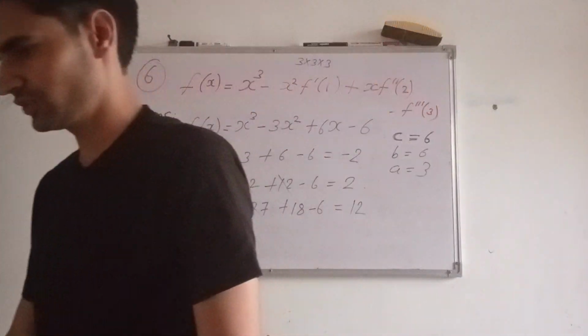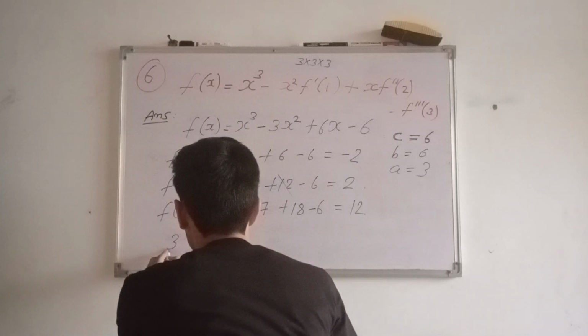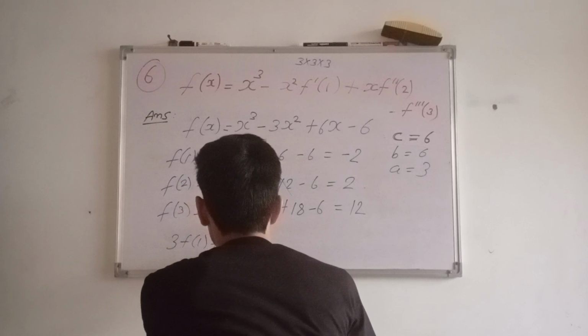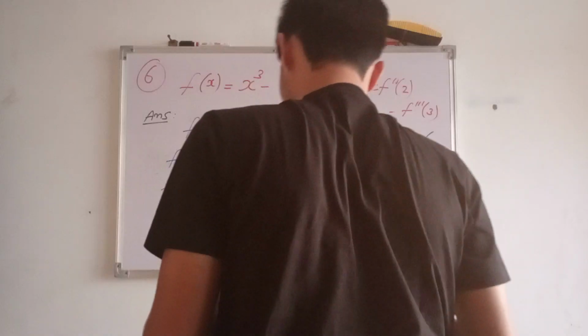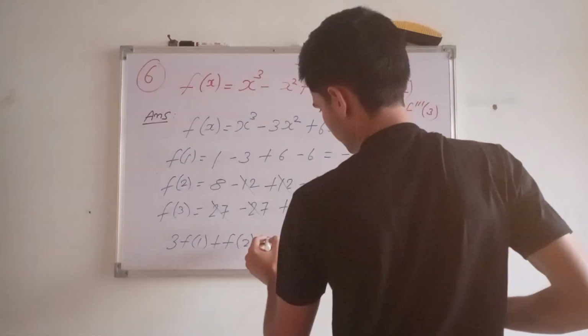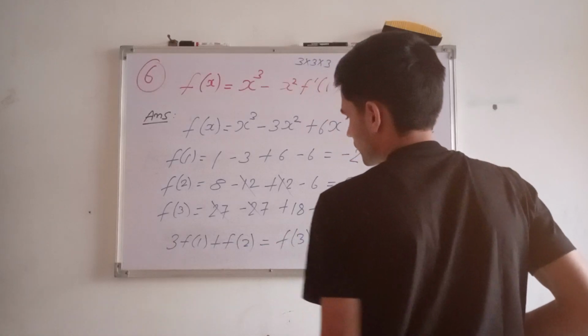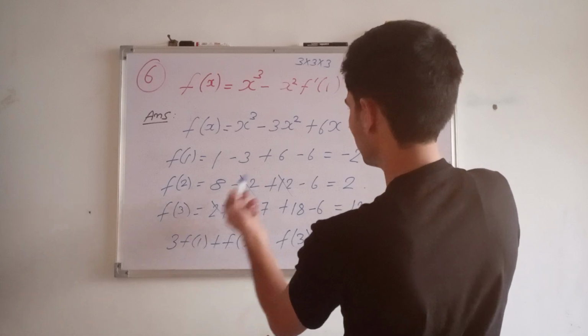Now what is first option? First option is 3f1 plus f2 is equal to f3. This is first option. 3 into f1, what is f1?